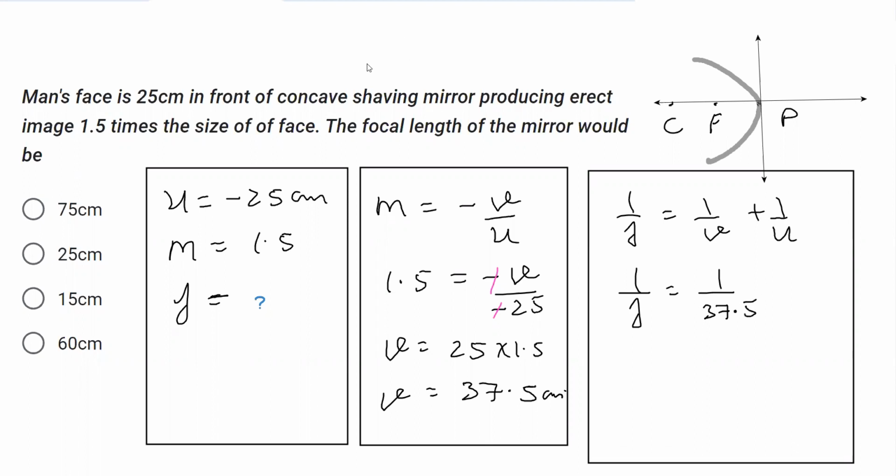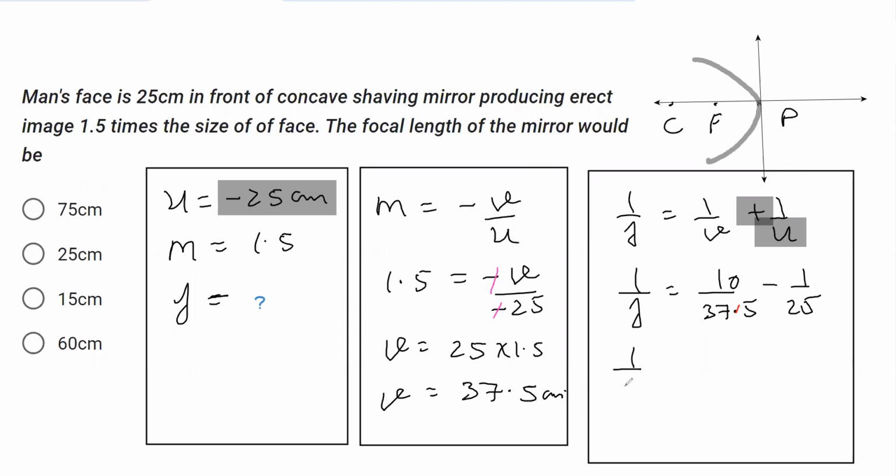Now I'm going to place the value of U here. U being negative, minus 25, it will influence this sign. Plus minus is minus, so I'll write minus 1 upon 25. Further, to ease out the calculation, you can even remove this decimal point and write a 10 above, and then you can even reduce it.